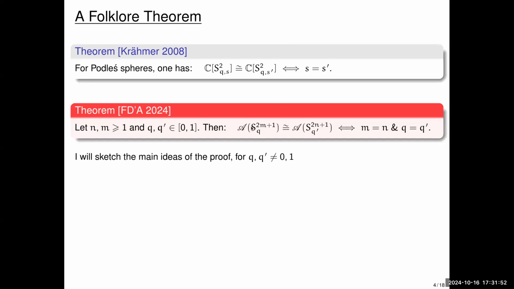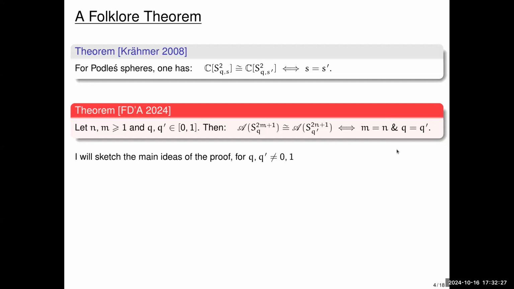Then the algebras of the spheres S_q^{2n+1} and S_{q'}^{2m+1} are isomorphic if and only if the dimension is the same and q is equal to q prime. The fact that the dimension must be the same I did not care about in the preprint on arXiv, where I assume it is the same, but you don't have to change the proof. What is interesting is that even when they have the same dimension, they still depend on the deformation parameter.